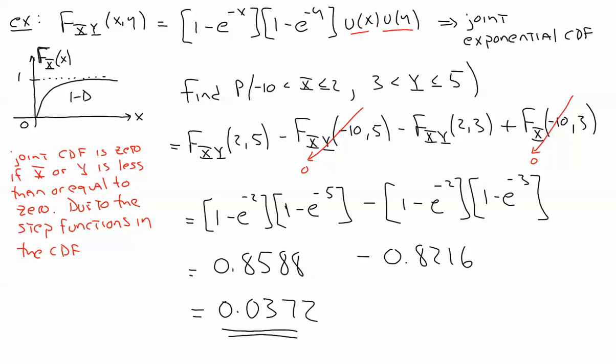So enough about the joint cumulative distribution function. Let's talk about the joint probability density function. And once again, it could be known as the bivariate PDF, also known as the bivariate probability density function.